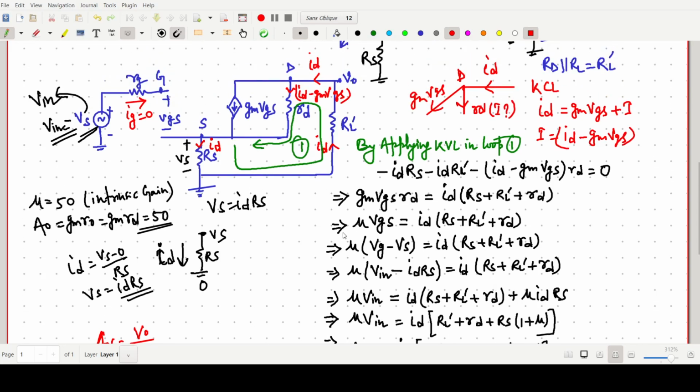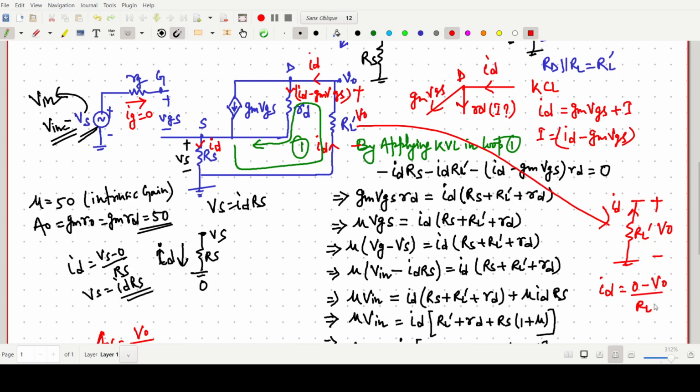Here this voltage is our V naught: this one is connected to ground, this one is RL dash, and the current in this RL dash resistance is ID. So one can write the ID value as 0 minus V naught by RL dash, so V naught equals minus RL dash into ID.